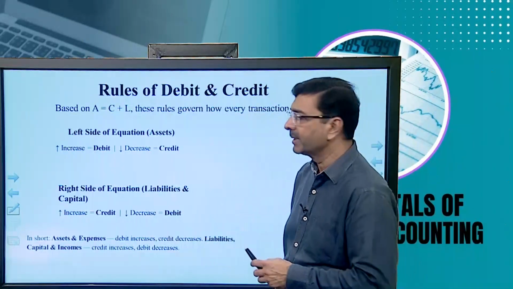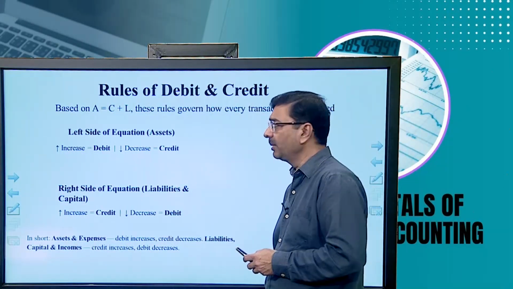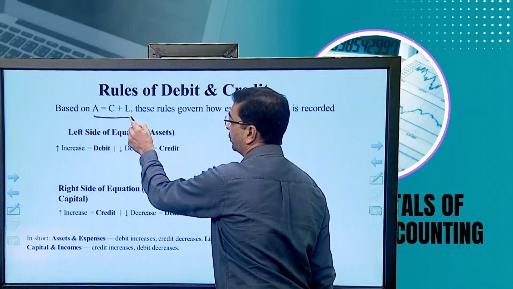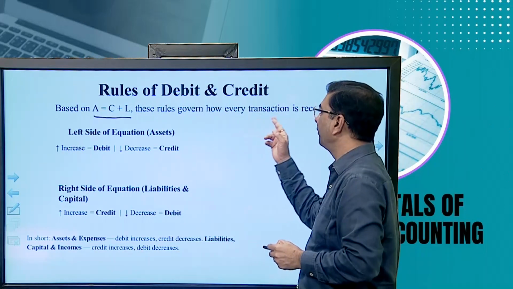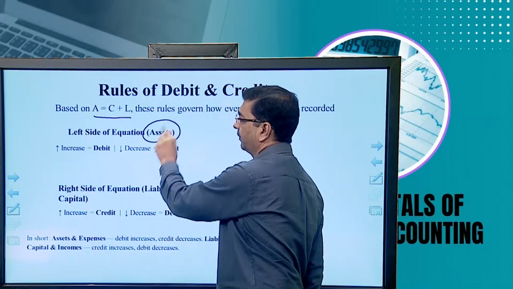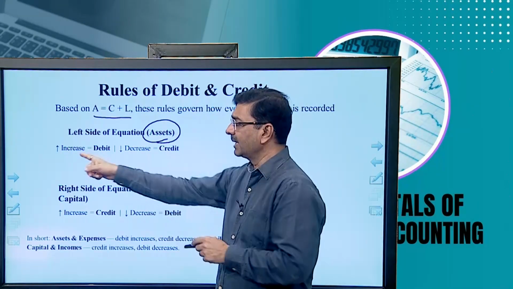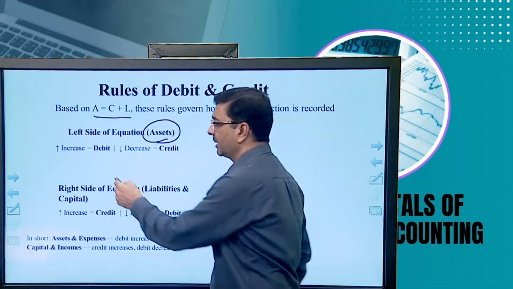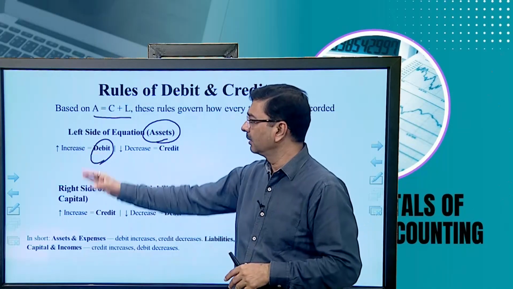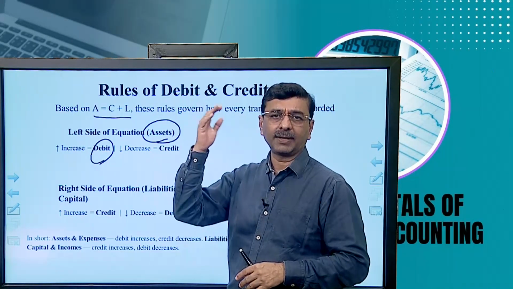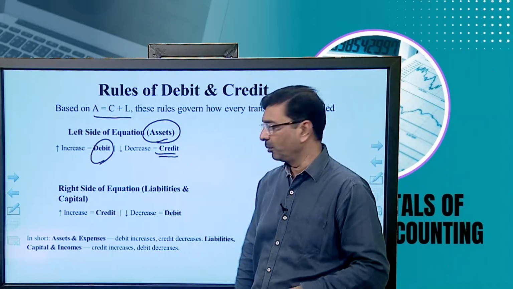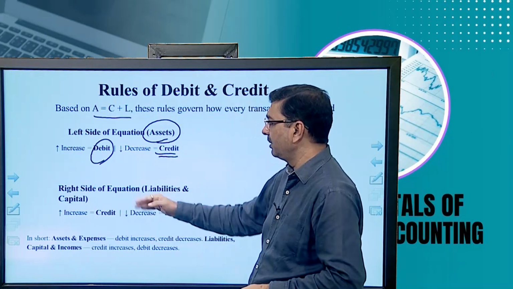Now, the next is the rules of debit and credit. The rules of debit and credit work in a very simple way. Based on A is equal to C plus L, the rules govern how every transaction is recorded. The left side of the equation is assets, right? In case assets increase, it's considered debit, a very simple formula. In case assets increase, debit; in case assets decrease, it's considered credit. The right side of the equation is liabilities and capital.